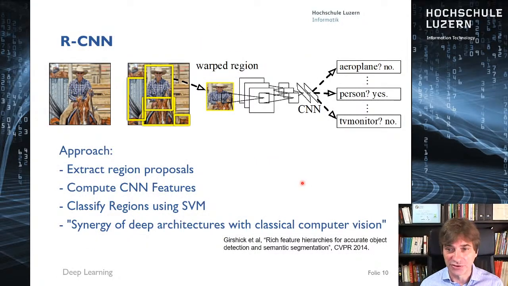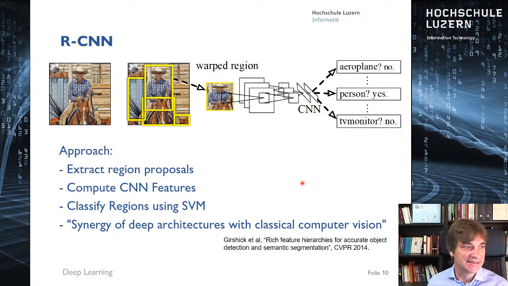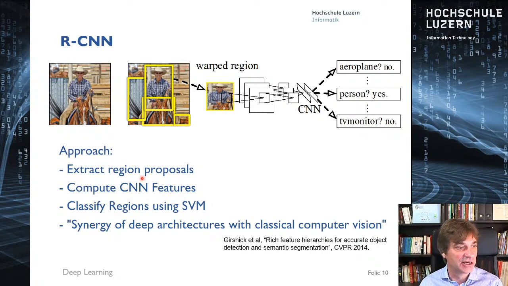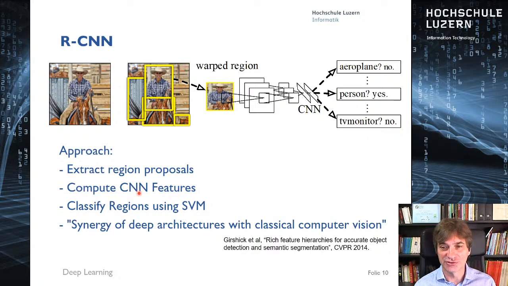So the first approach to use this for object detection and localization is called RCNN, so region CNN, CNN for convolutional neural network. So what is the idea? You extract some region proposals from some other method. You then compute the features using the convolutional neural network.